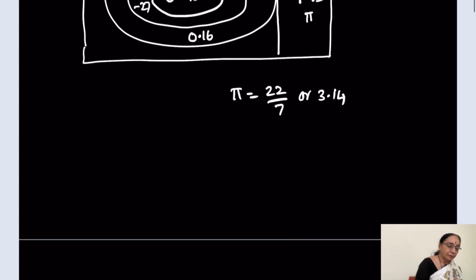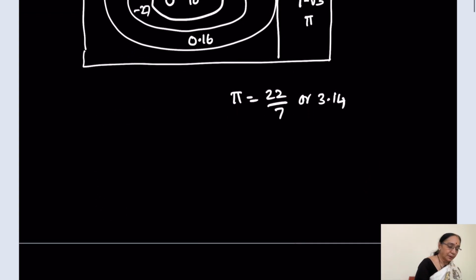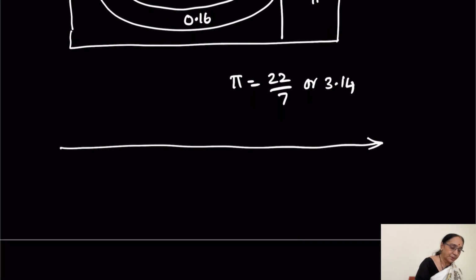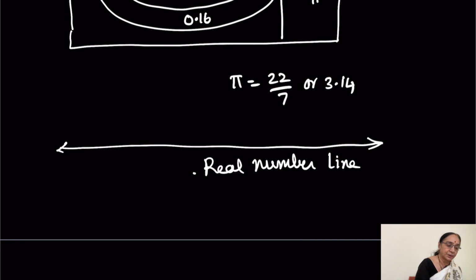Now, when I say real number, every real number has a location. It can be spotted on the real number line. So the number line that we draw is called the real number line, and every real number, be it an integer, a rational number or an irrational number, will always find a place on it. So let us mark 0 at the center.